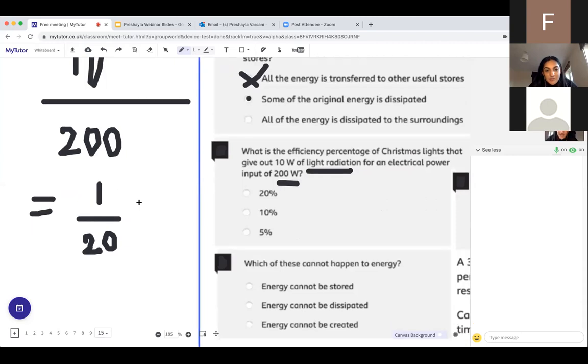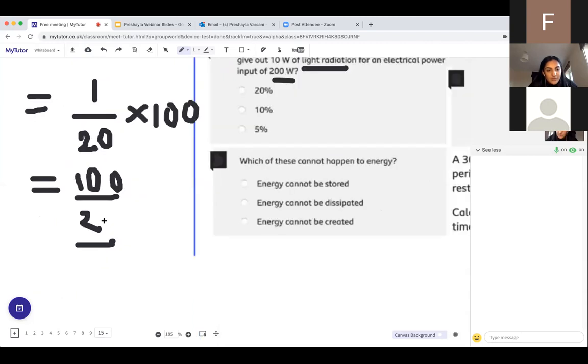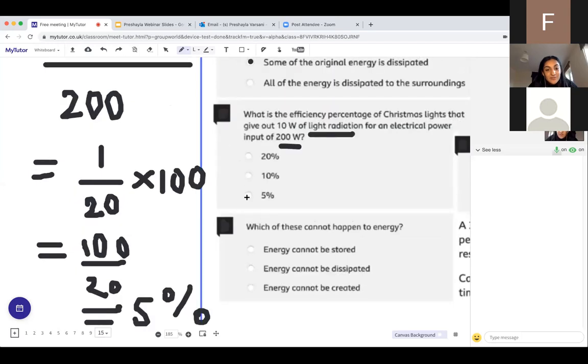So we times by 100, so that we get 100/20, which equals 5%. Okay. So the answer for the efficiency of the Christmas lights would be 5%.